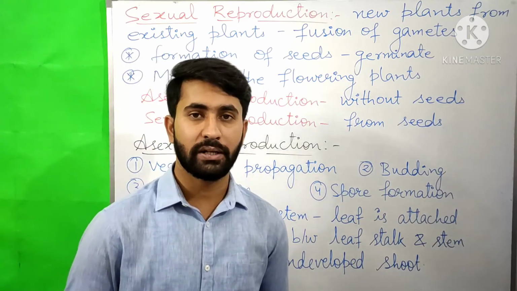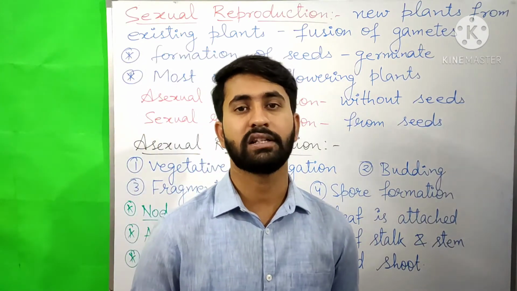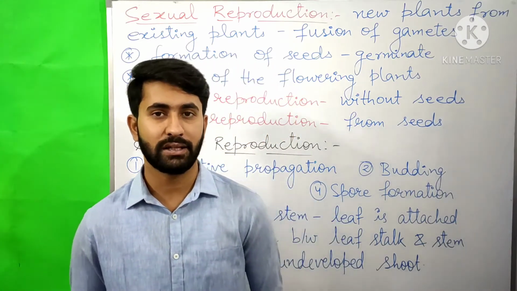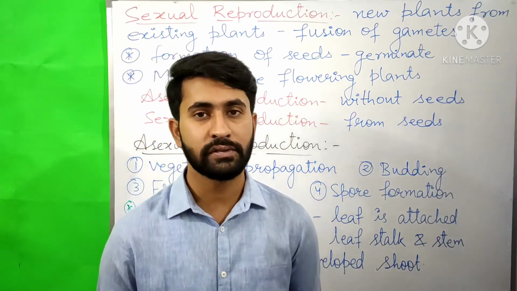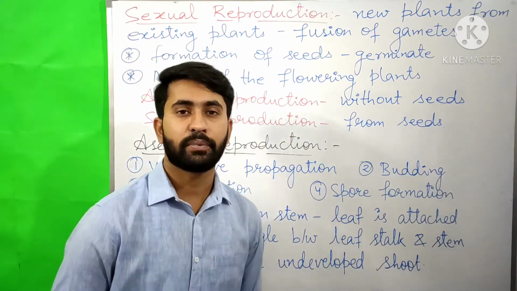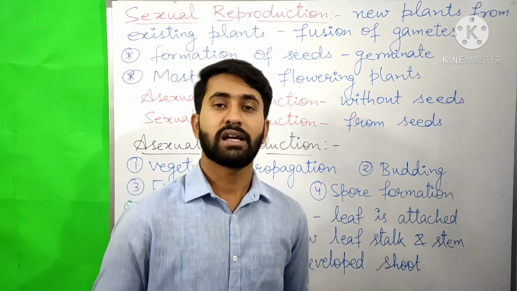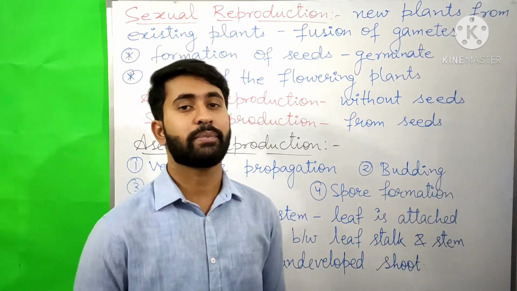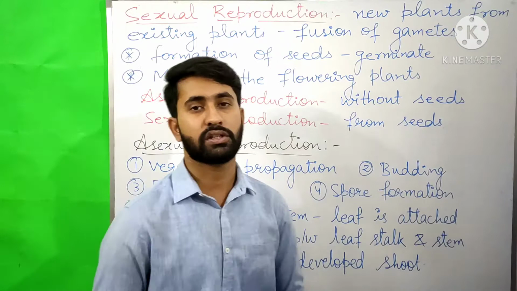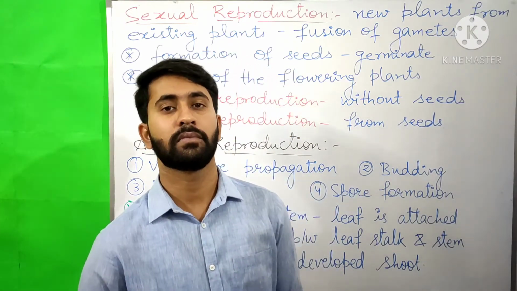So in sexual reproduction, the new plants are produced from the existing plants by the use of seeds. Most of the flowering plants reproduce by sexual reproduction. Some of the plants which can reproduce by sexual reproduction are wheat, maize, paddy, gram, etc.